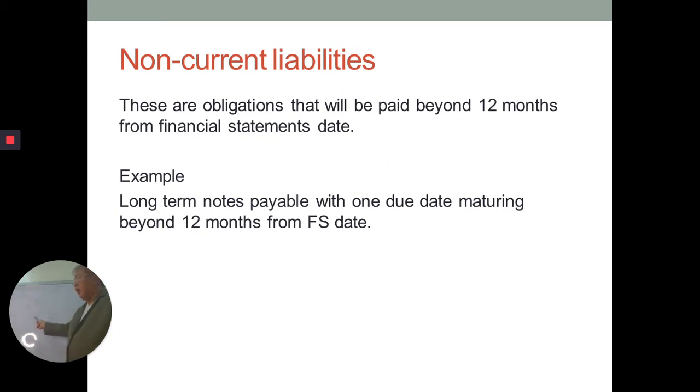But if you prepare the financial statements on December 31, 2019, all obligations that will be paid during 2020, until 12 months from December 31, 2019, which is December 31, 2020, are all considered current liabilities. And this one will be the non-current. So that's essentially the major difference between the two and how we determine it.